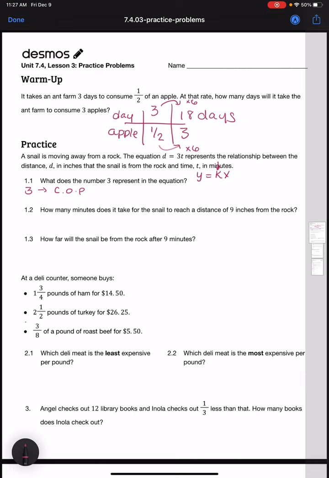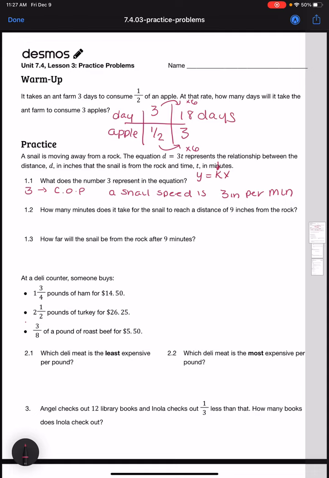And what it means is that a snail moves, or its speed, is 3 inches per minute. So how many minutes does it take for a snail to reach 9 inches?